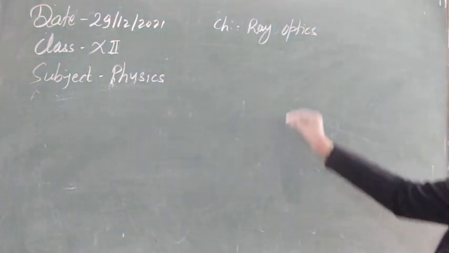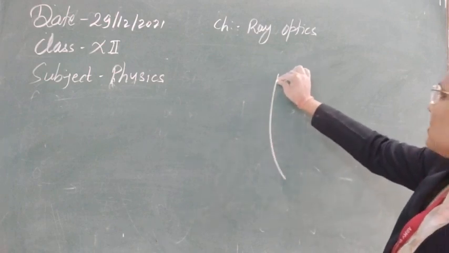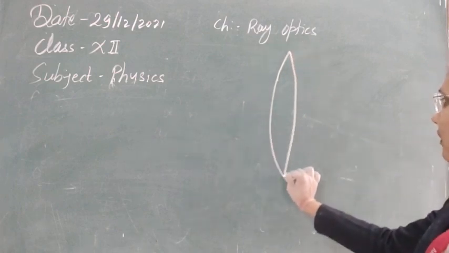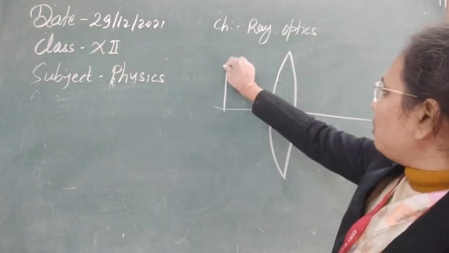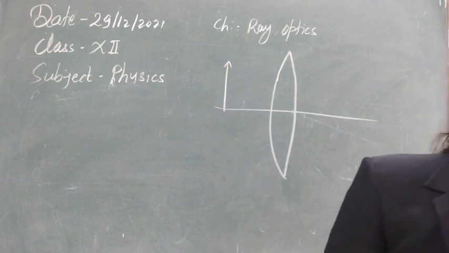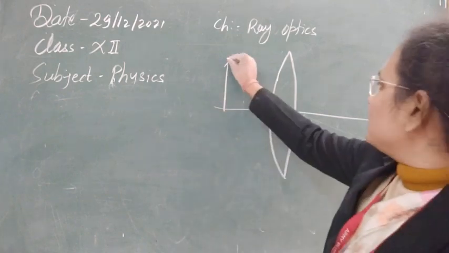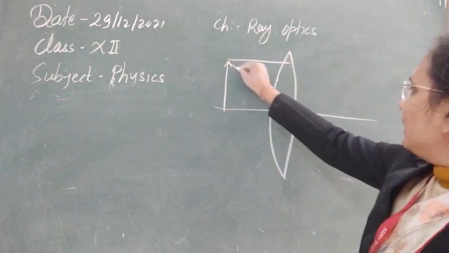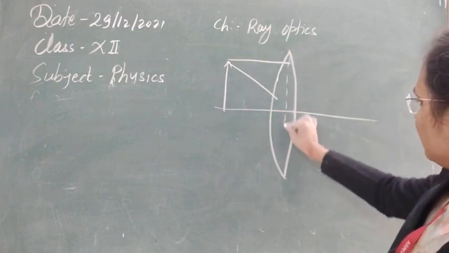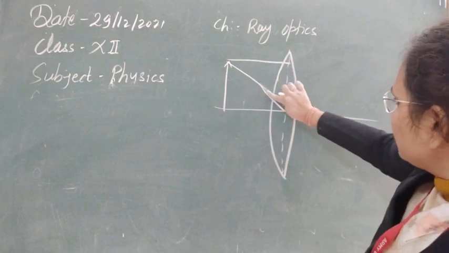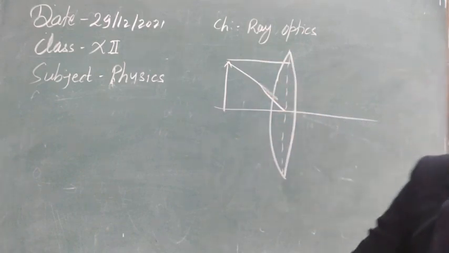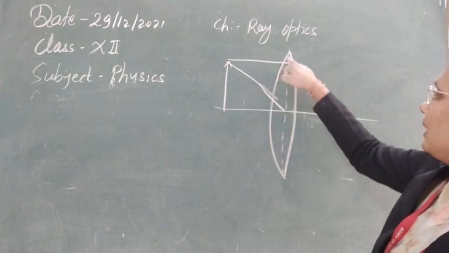For that, I am taking the example of a convex lens here. This is our convex lens. Suppose before this lens some object is kept that has some height. Light will fall on the lens, so for convenience, let me just draw it. Some light is incident at this point.